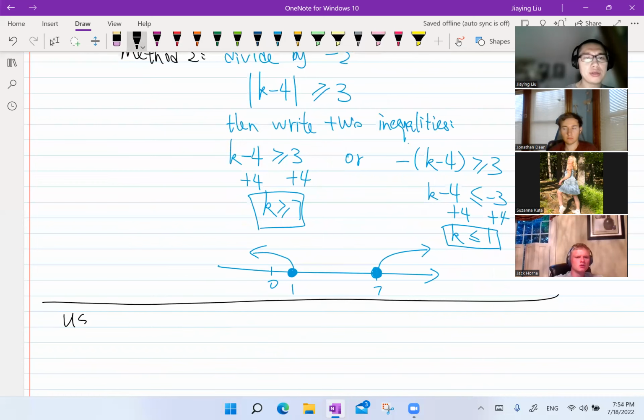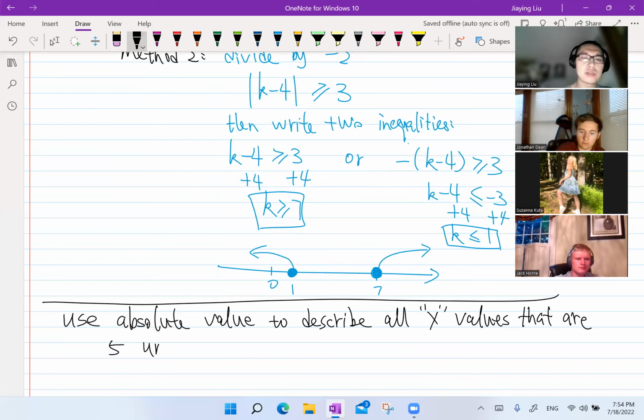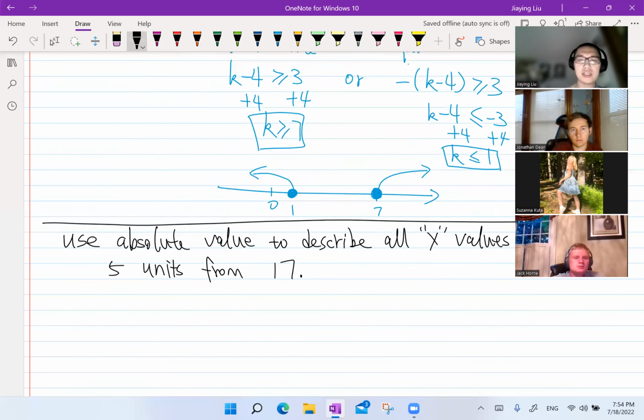So use absolute value expression to describe all x values that are 5 units from 17, for example. So here's 17.